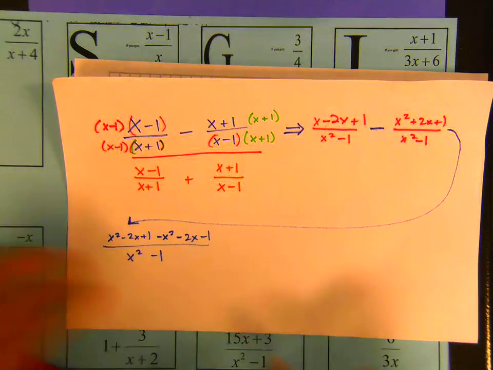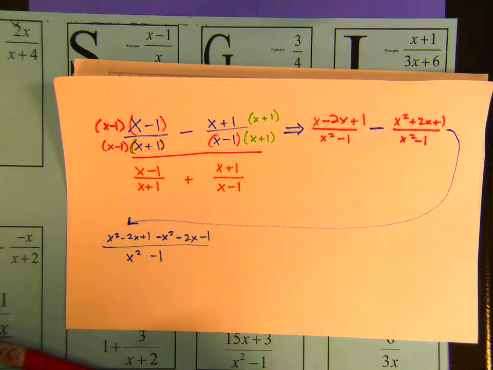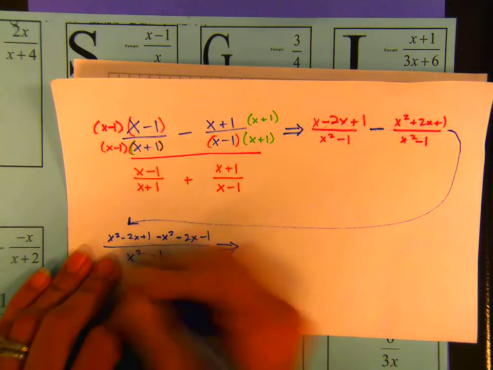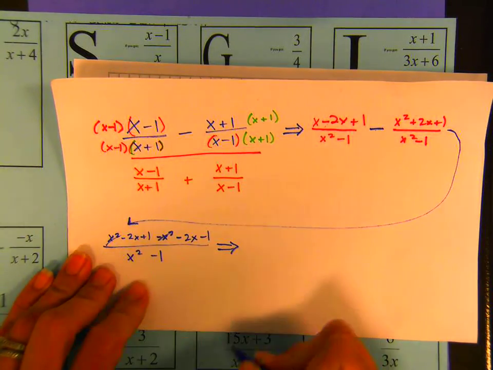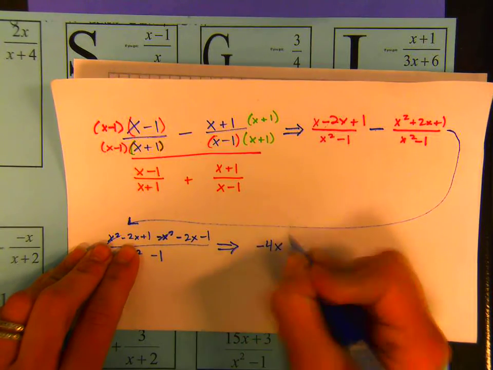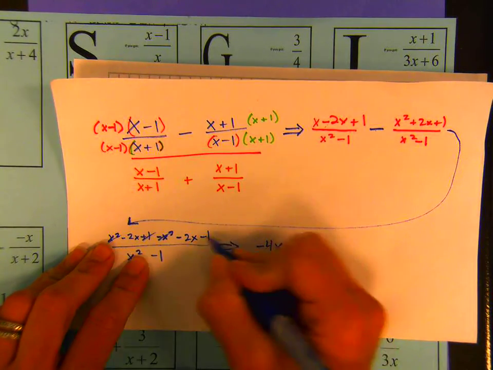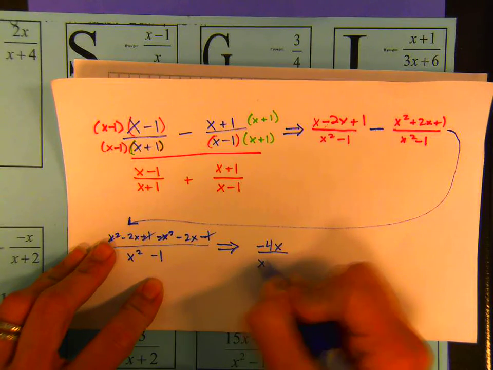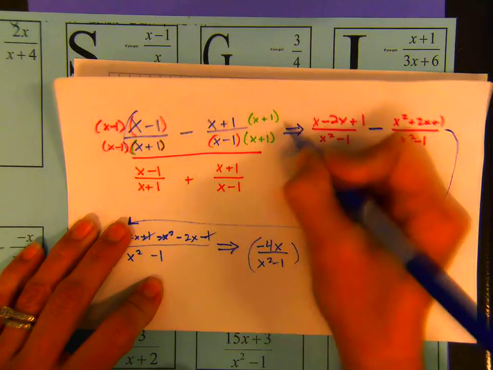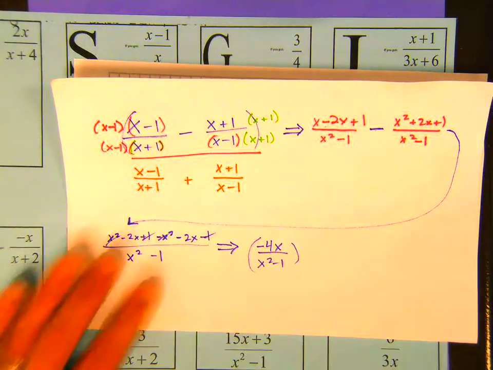Notice I'm only subtracting the numerator. The denominator stays the same, and when I continue to simplify this, I get x squared minus x squared, that's 0. 2x minus 2x, that's a negative 4x. And then 1 minus 1, that's 0. So negative 4x over x squared minus 1. This is my simplified numerator from that first fraction.